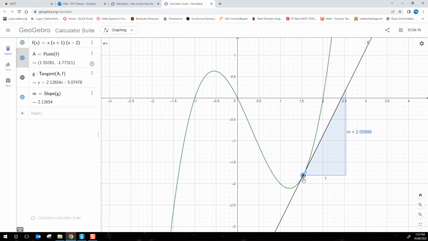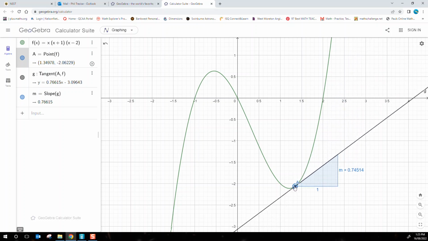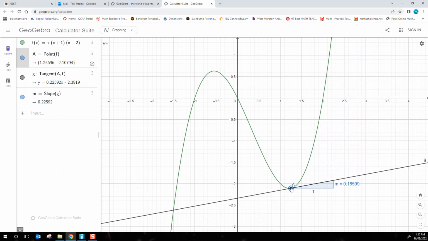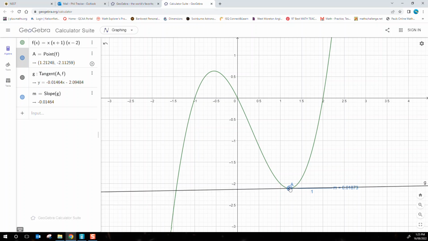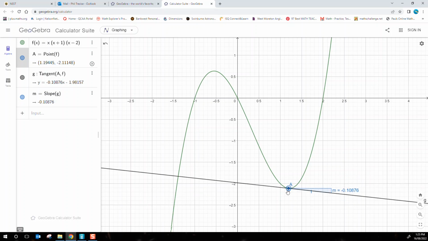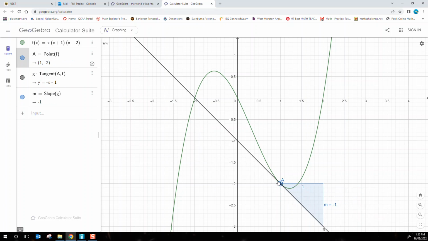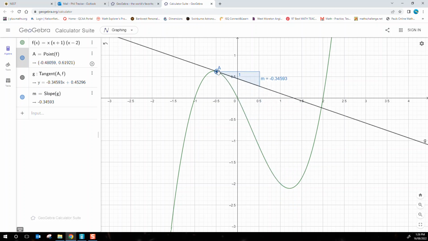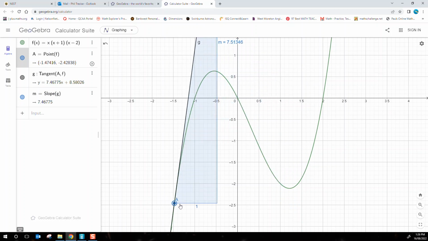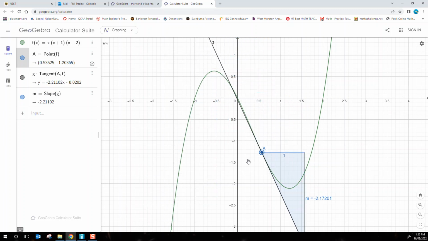As I come back this way towards the minimum, you probably wouldn't be surprised to find that the gradient there is 0. I can't quite get onto that exact spot, but that's close enough, I think. I'm not quite exactly on the minimum point, am I? Then gradient negative, gradient 0, and gradient positive, and it changes all the time.